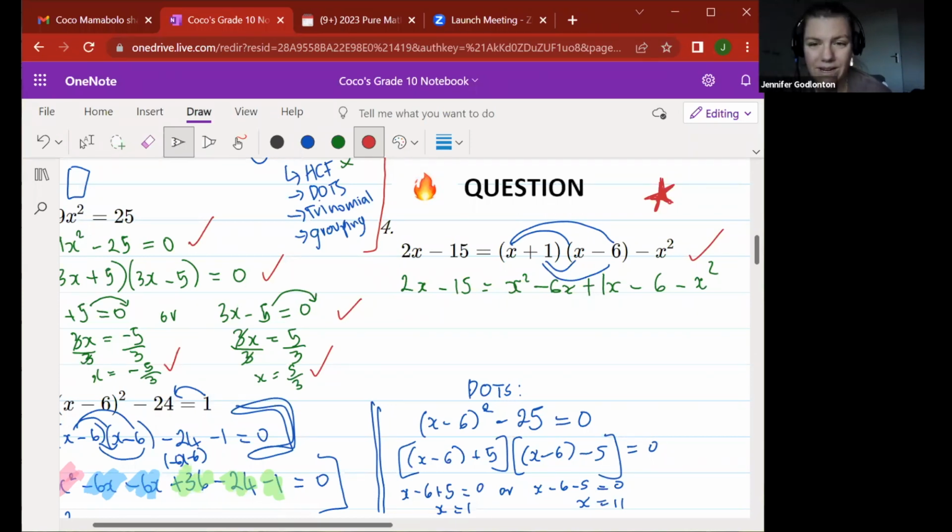Now think about quadratics. Move everything to one side, make it equal to 0, and then factorize. Oh no, it's okay, Shaden. It's okay. So work with what I've got.